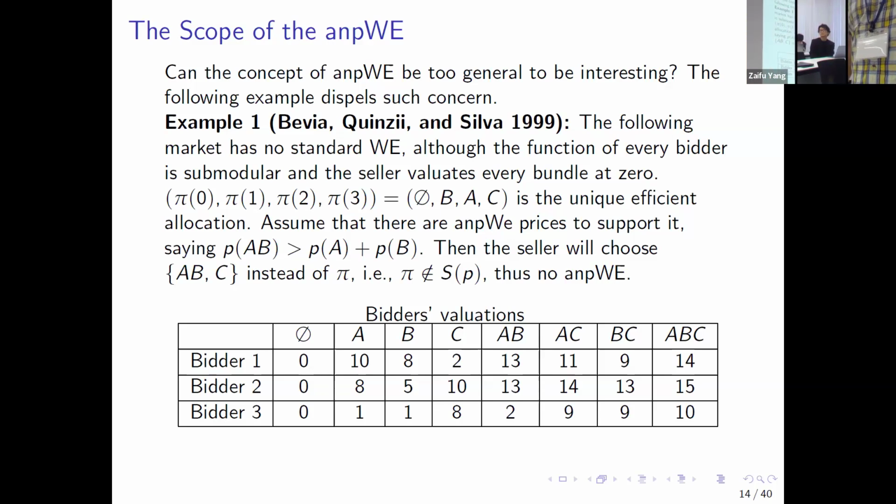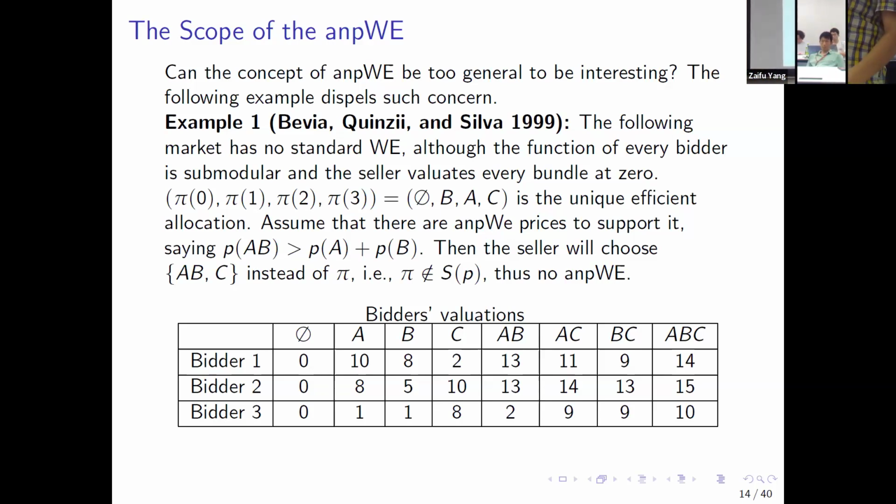You can do this exercise for any two combination of goods, BC or AC, in such a way that this pair will not be in the supply side of the seller.